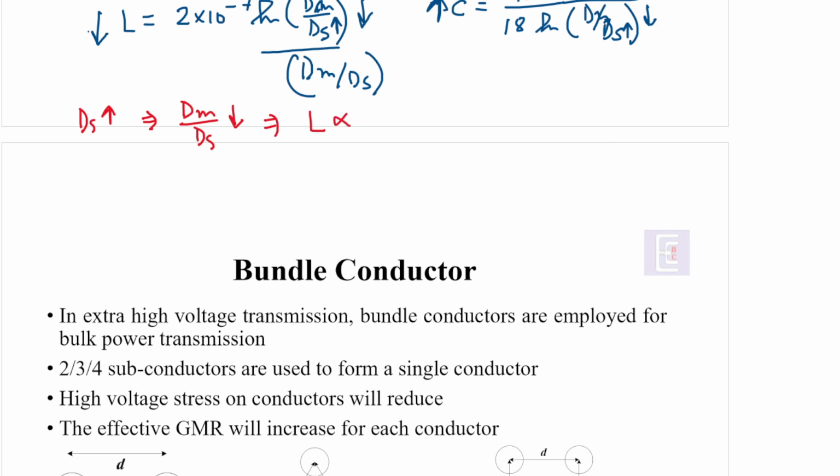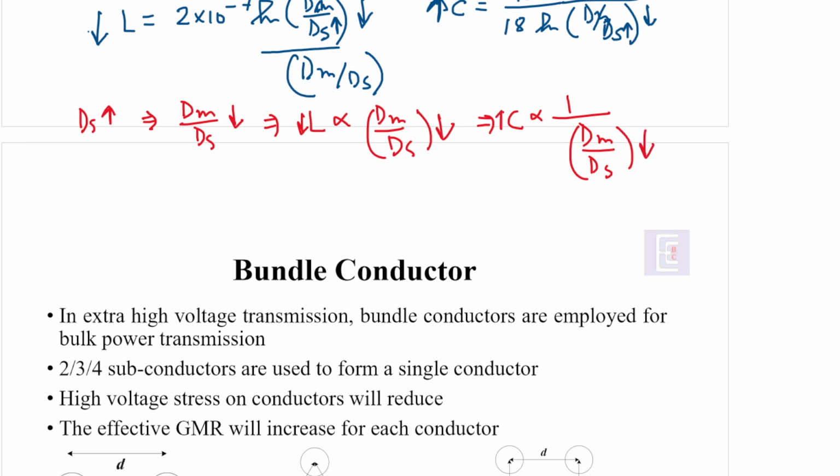As inductance is directly proportional to this dm by ds ratio, inductance value will also go down. And secondly, as the capacitance is inversely proportional to the ratio dm by ds, as this ratio goes down, capacitance goes up.